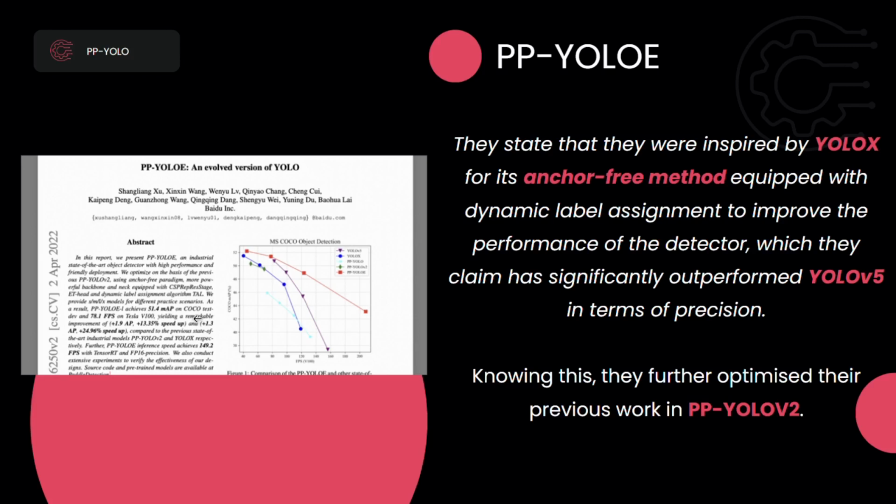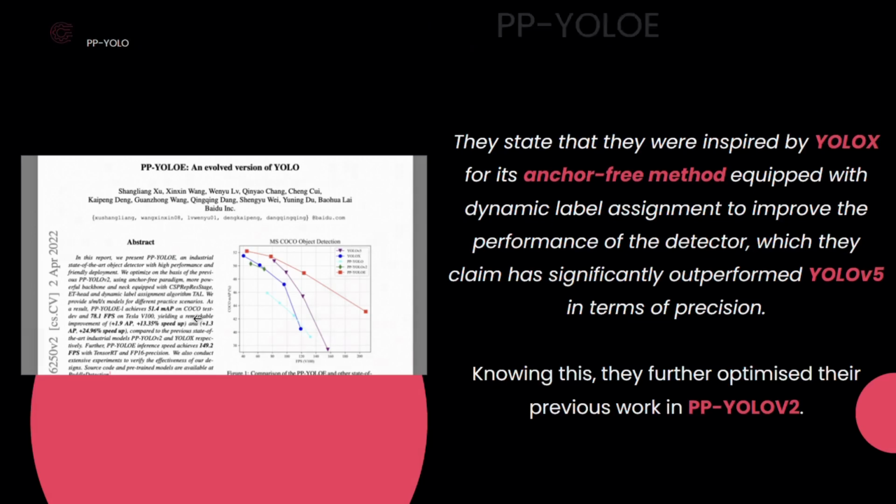But PP-YOLOE is slightly different from the previous versions of PP-YOLO because it also introduced some novel techniques. And in the video about YOLOX, we mentioned that it is an anchor-free method, and they also used this anchor-free method in order to enhance the performance of the PP-YOLOv2 model.